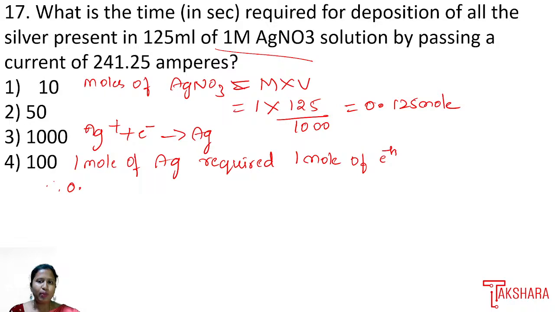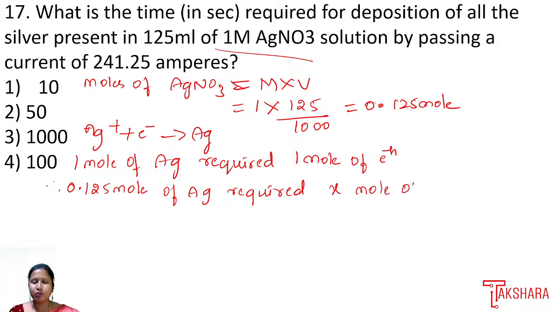Therefore 0.125 mole of Ag requires x mole of electron. Cross multiplying, 1 into x is equal to 0.125 into 1. So x is equal to 0.125 mole is required. Okay? So 0.125 mole of electrons are required.